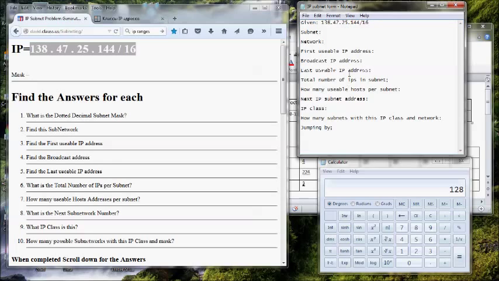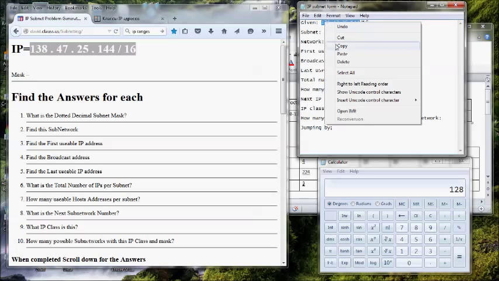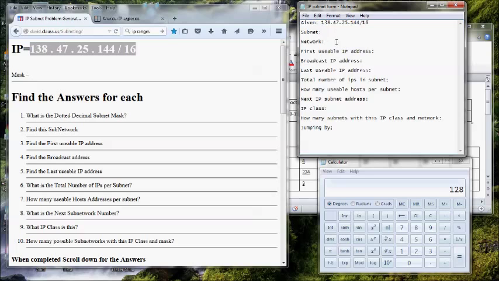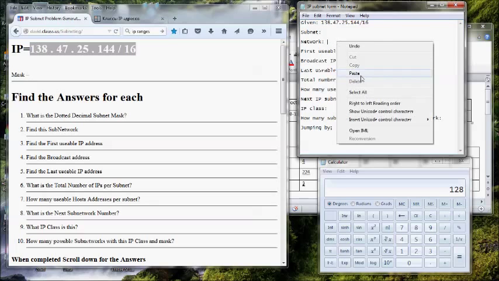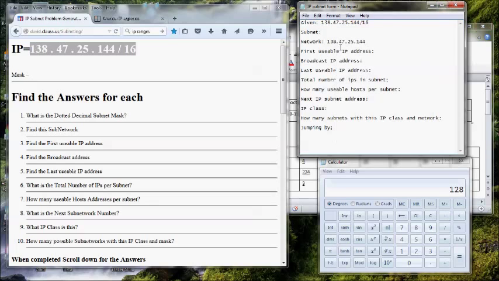And then we'll copy just the IP address itself, paste it into our worksheet. We're going to look at the mask. We want to arrive at the subnet because that's going to tell us a variety of things.